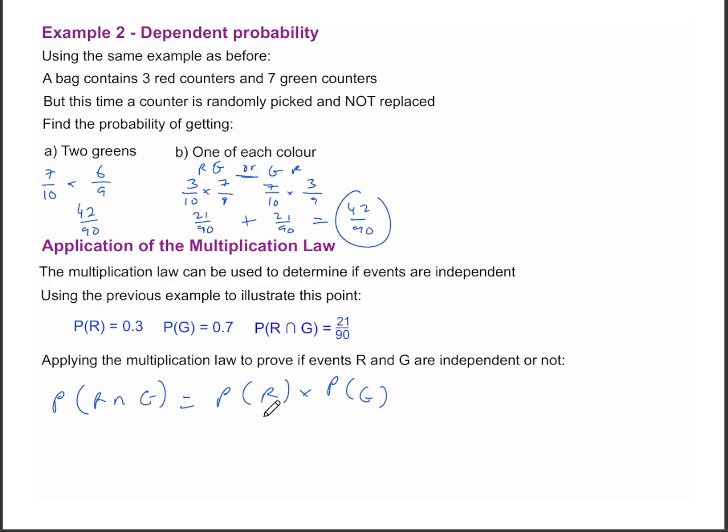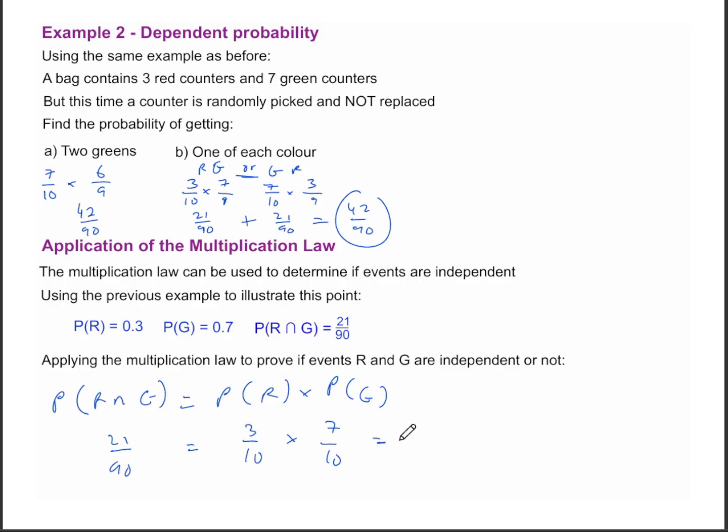Remember, the probability of event R happening is picking up R from your bag, which is just 3 over 10. Probability of G happening individually is just picking a green from your bag, which is 7 over 10. The probability of both happening in this example, because remember we did not replace, was, as we said, 21 over 90, as what they're saying here.